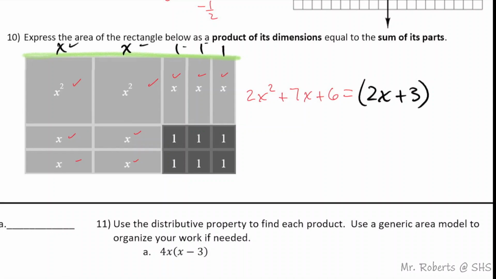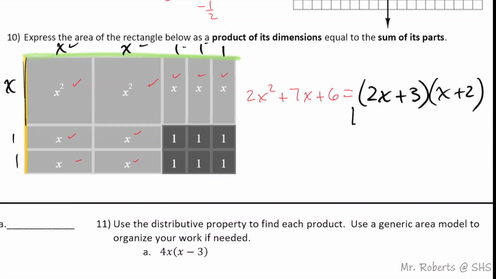And then the other dimension, I'll highlight this in orange. What is this? Well, there's an x here. This is x long, and then plus a 1 and a 1. So this dimension is not a 2x. This dimension is an x plus 2. There we go. So 2x plus 3 times x plus 2 equals 2x squared plus 7x plus 6.